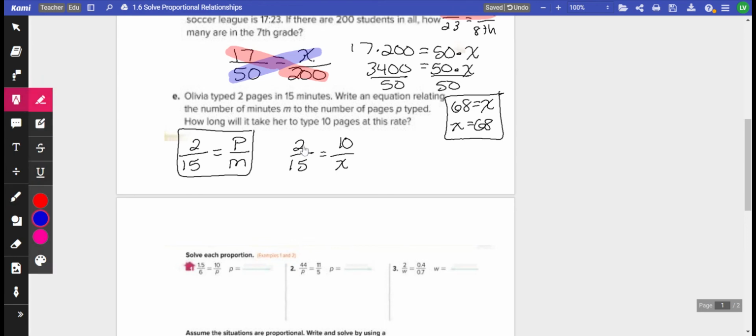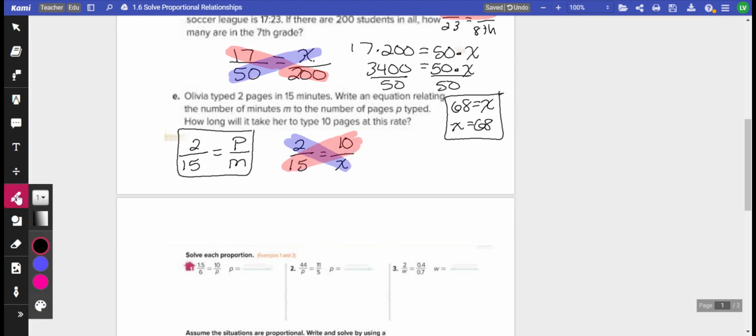So I'm going to cross multiply: 2 times x equals 15 times 10. 2 times x equals 150. I want to divide both sides by 2 in order to get my x by itself. So x equals 75. So how long will it take her to type 10 pages at this rate? 75 minutes.